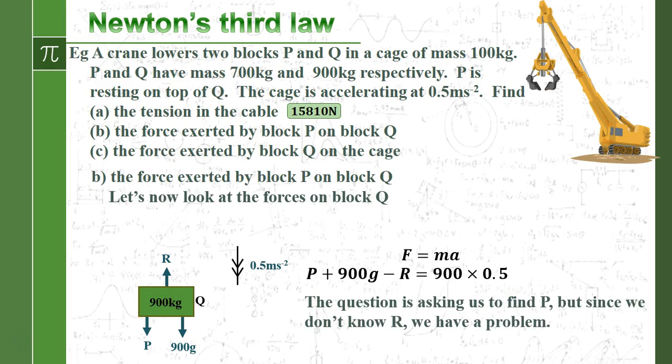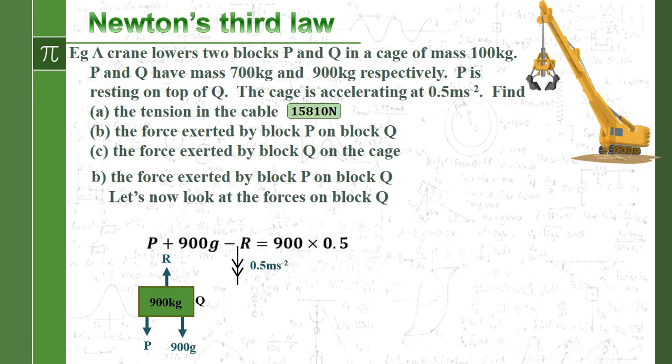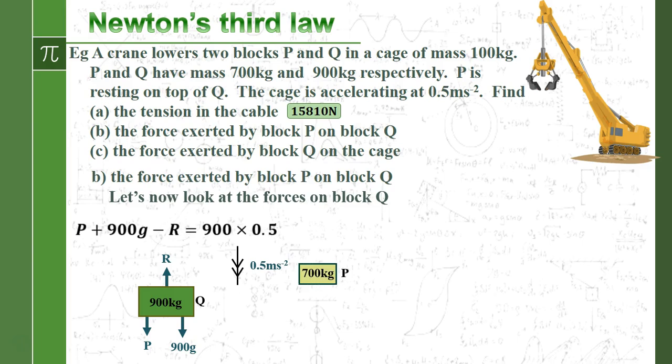So I'm going to say, well, okay, that's not working out for me at the moment, but my other option is to have a look at what is going on with block P. So let's do that instead and see if that helps out at all. I'm just going to shift that equation out of the way for a second and have a look at P. So what's acting on P? Well, we have got Q, which is exerting a force on P, because remember P is sitting on top of Q. So essentially that's the reaction force.